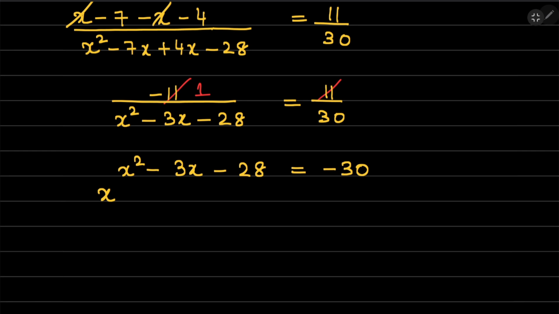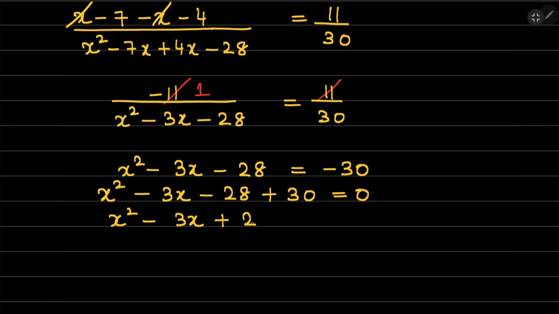Let's bring minus 30 to one side. X square minus 3x minus 28 plus 30 equal to 0. So you have x square minus 3x. 30 minus 28 is plus 2. So plus 2 equal to 0. Again, the same way, sum and product. Sum is minus 3, product is 2.